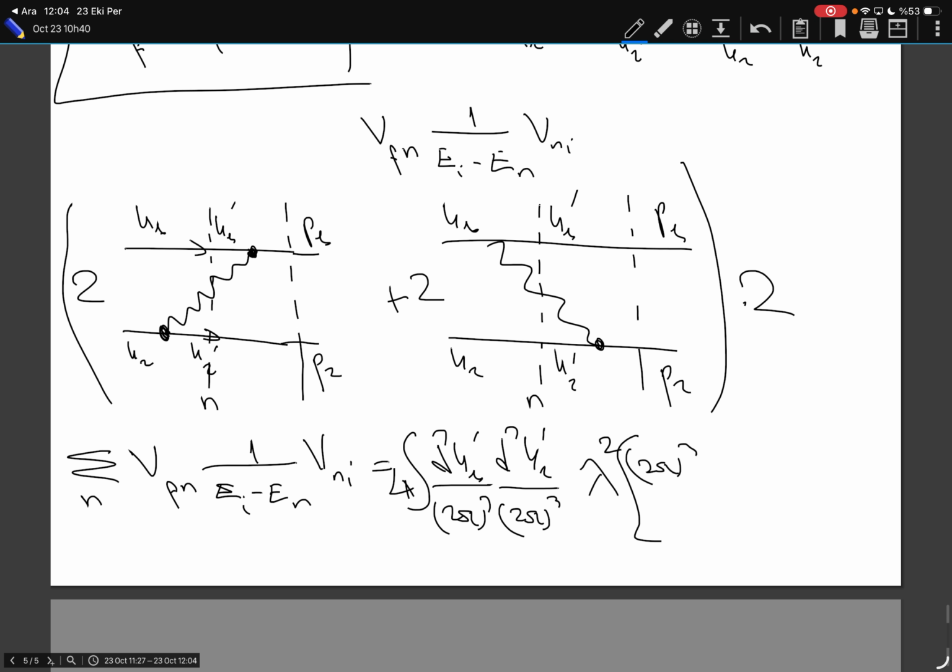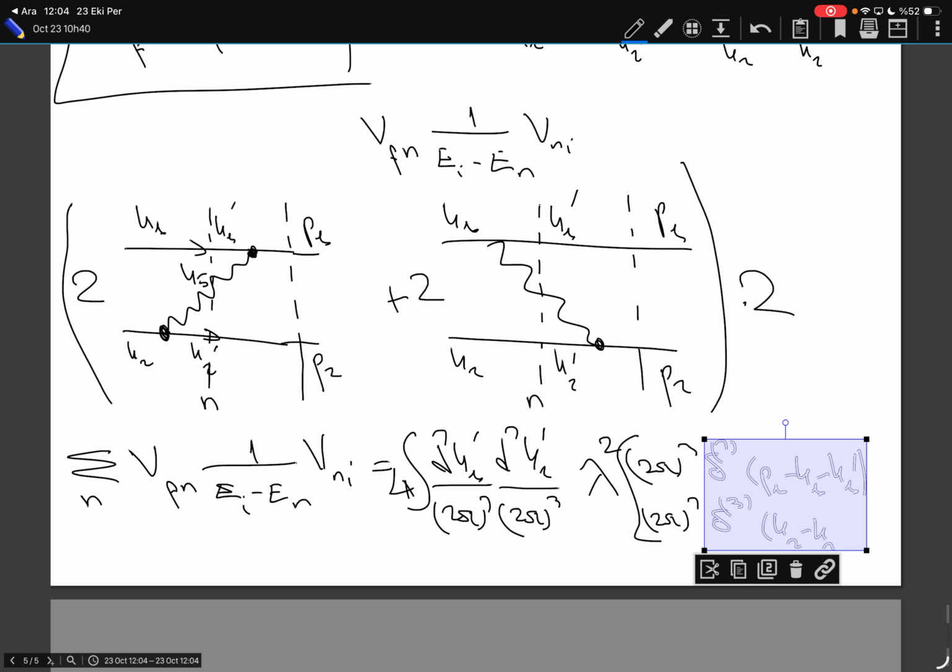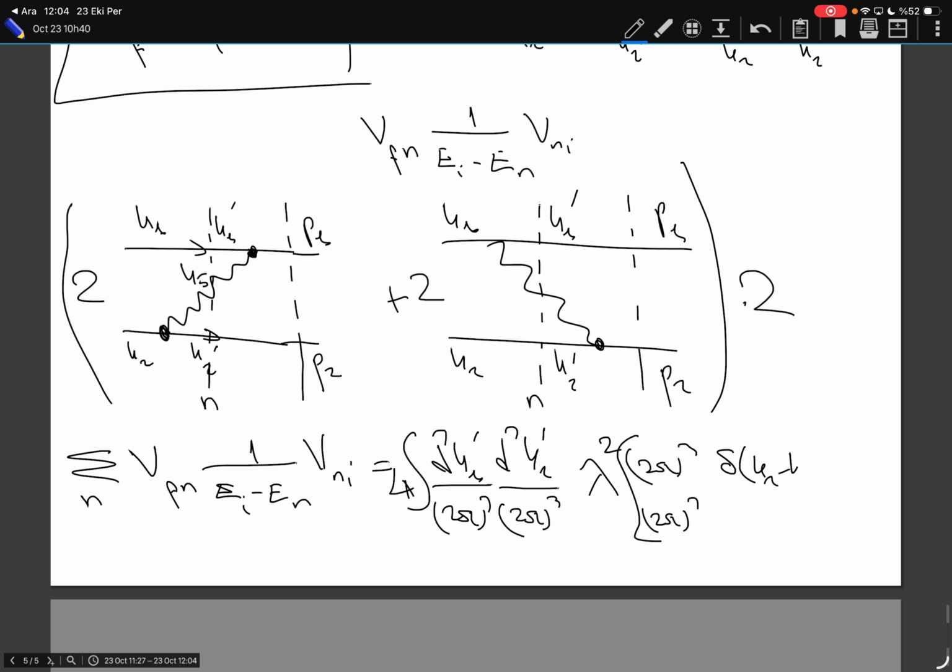Let's say the first diagram will be Dirac delta P1 minus K1 prime, 2 pi cubed Dirac delta K2 minus, let me call this K5, Dirac delta K2 minus K2 prime minus K5.